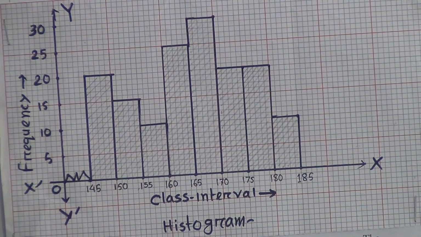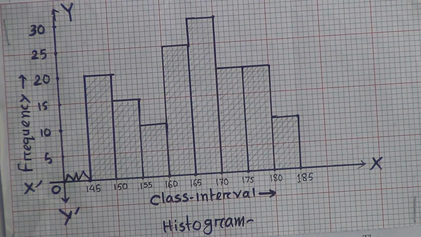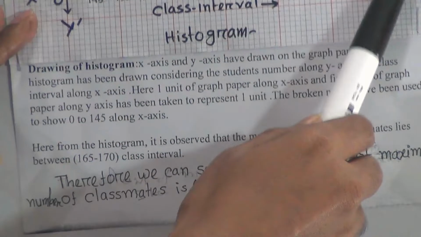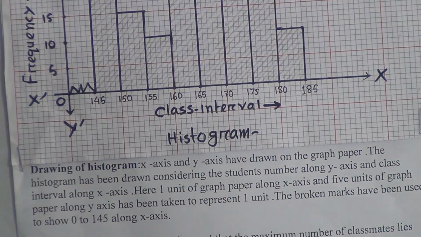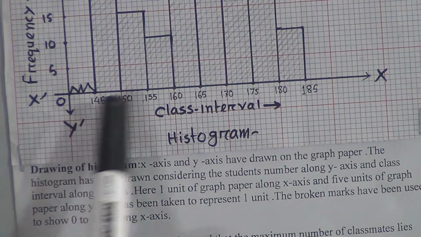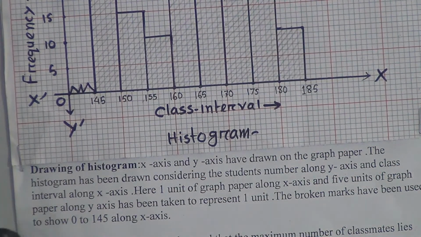In short form we can say XOX dash equals the x-axis. Look, dear student, the x-axis and y-axis have been drawn on the graph paper. XOX dash means the x-axis, and YOY dash means the y-axis.